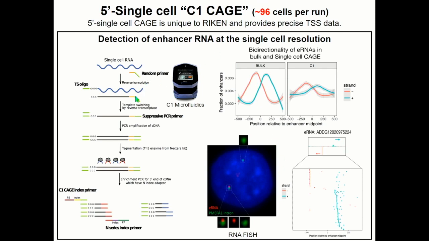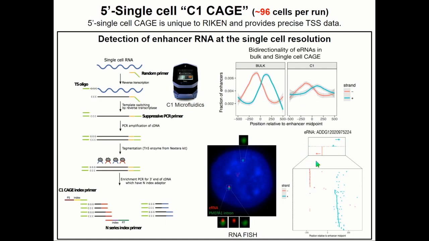I will omit the details here, but the key point is that we have a random primer and it does a template switch to capture the initiation site. This is a capture like CAGE, and that will capture promoters, but also the promoters of non-coding RNAs and enhancer RNAs.